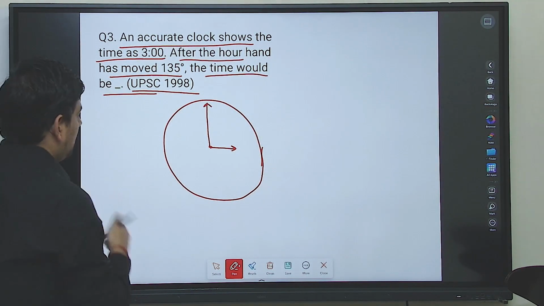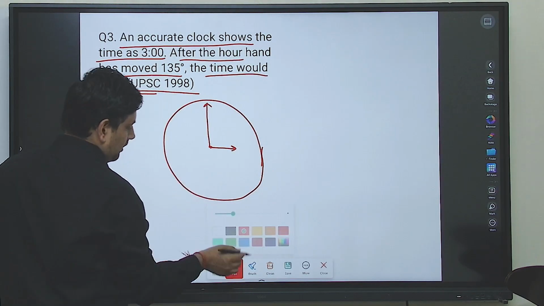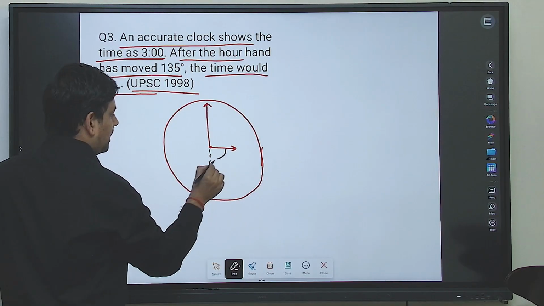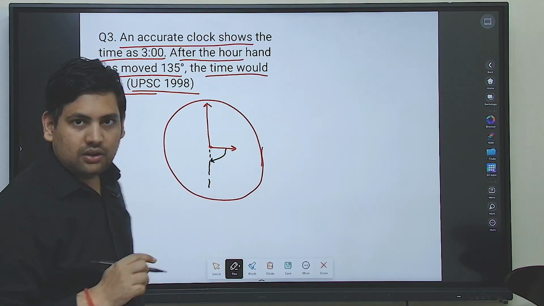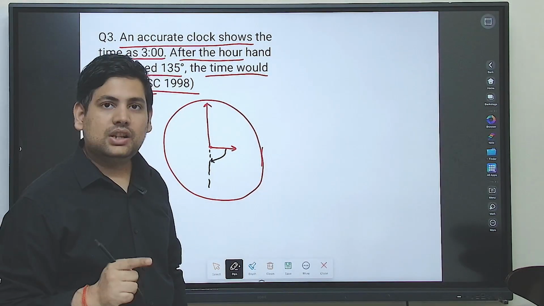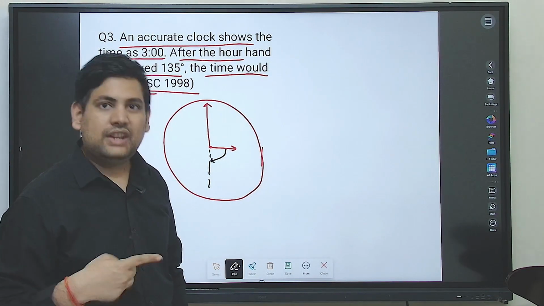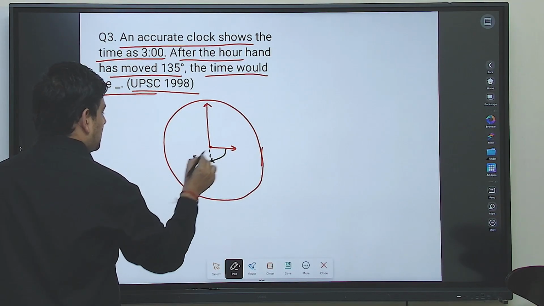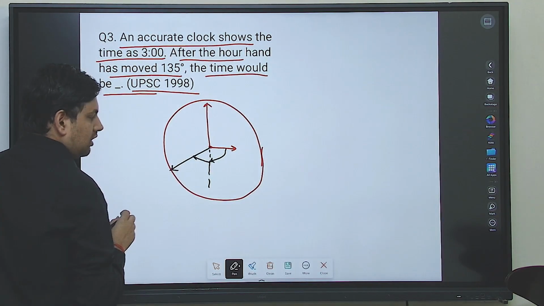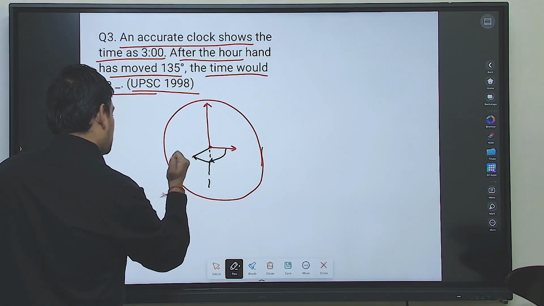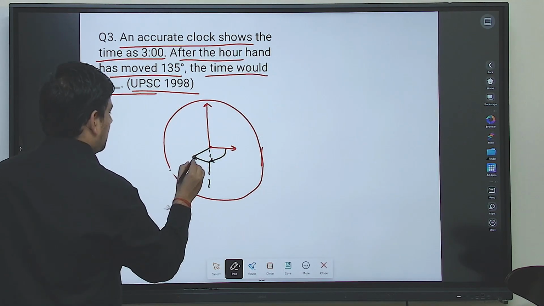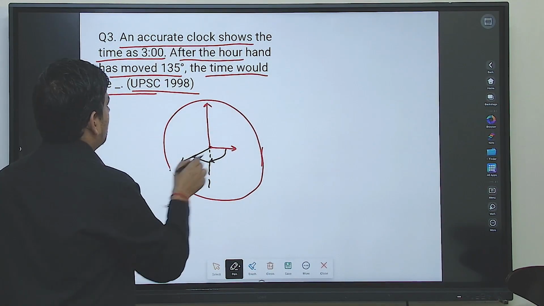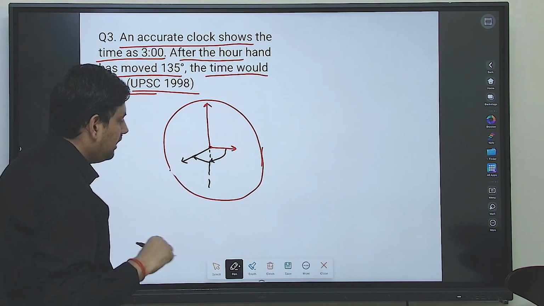Let's draw this. From here to here it is 90 degrees, but it has to move 45 degrees more. So somewhere in the middle it will reach. This is 135 degrees.